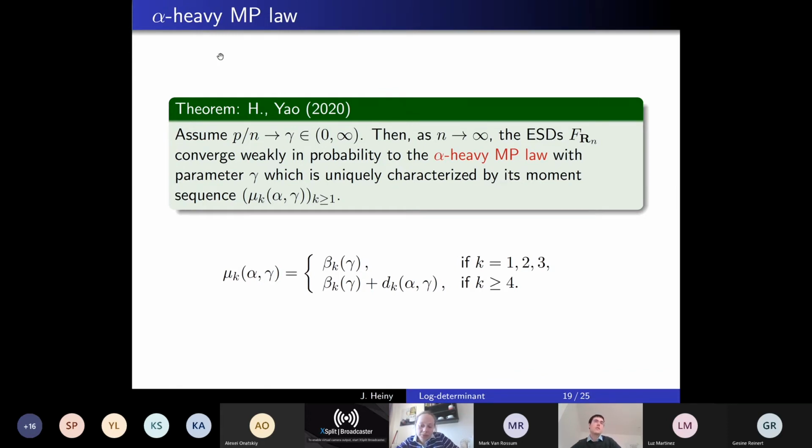And this law has some connection to this Marchenko-Pastur law, and also depends on this parameter alpha. So the name we came up for it was the alpha heavy Marchenko-Pastur law.